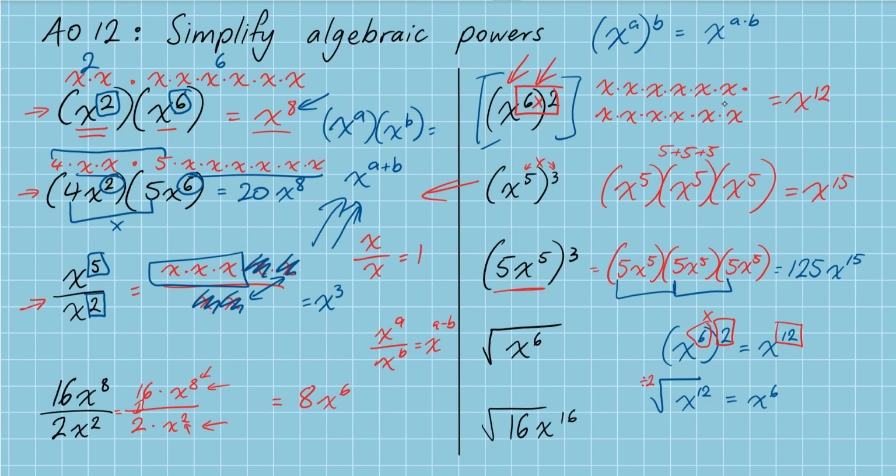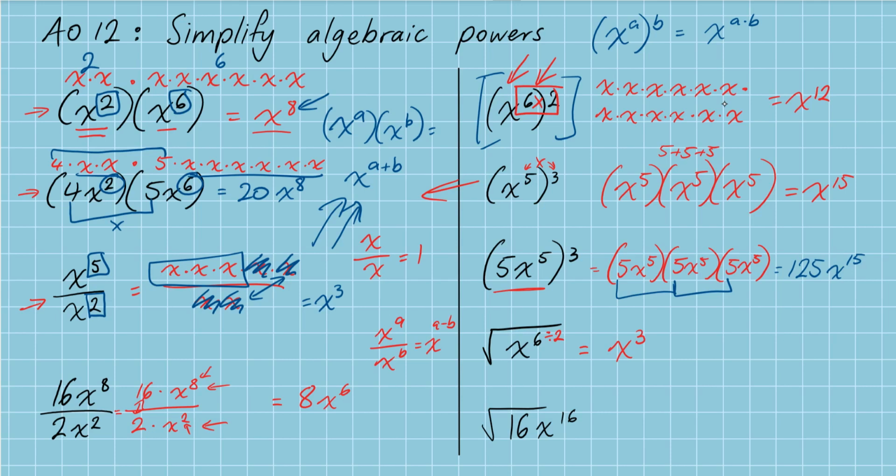So if we're square rooting, we're essentially dividing this power here by 2. We're doing the opposite of what happened up here. So in the example of our first question, our answer is going to be x to the power of 3. We are halving 6. We're halving that 6.